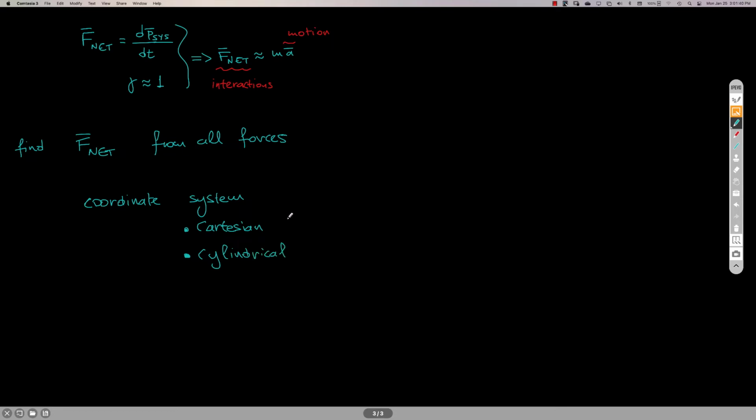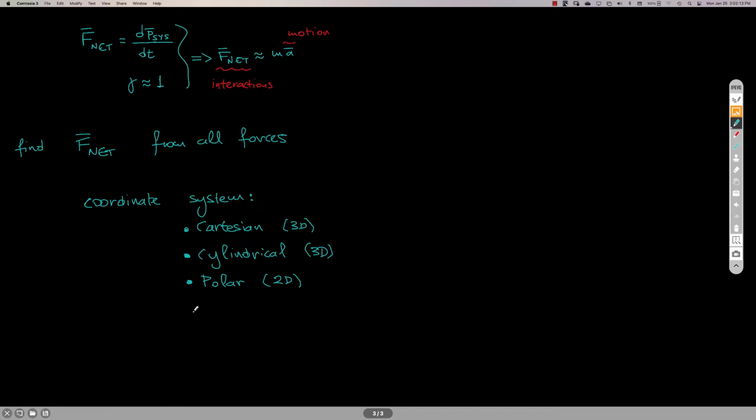Now the Cartesian, you can do in 1 dimension, 2 dimensions, or 3 dimensions. Cylindrical is most often 3 dimensional. If you only have 2 dimensions, you can do polar. This is 2 dimensions. So you will have to choose.